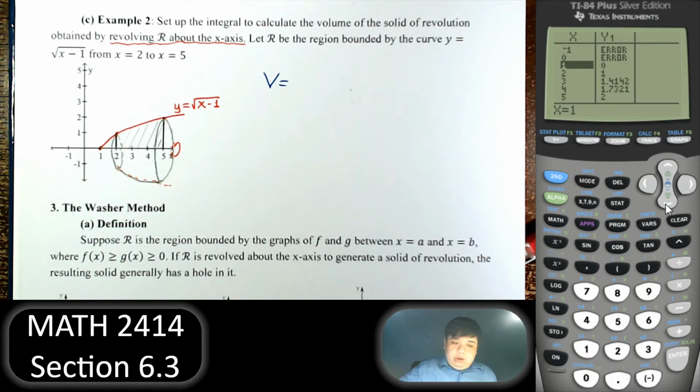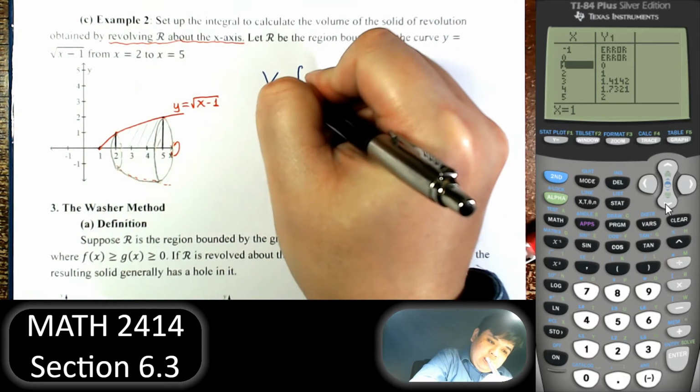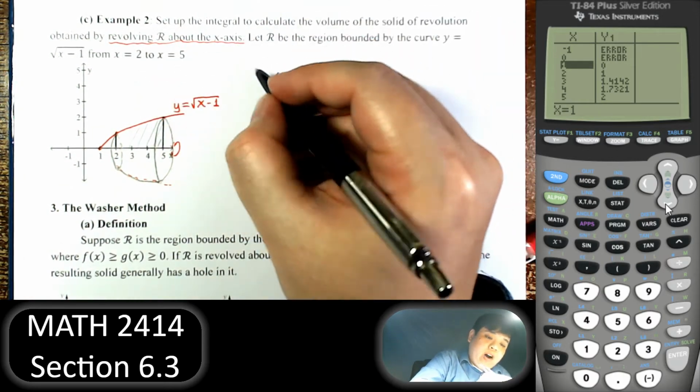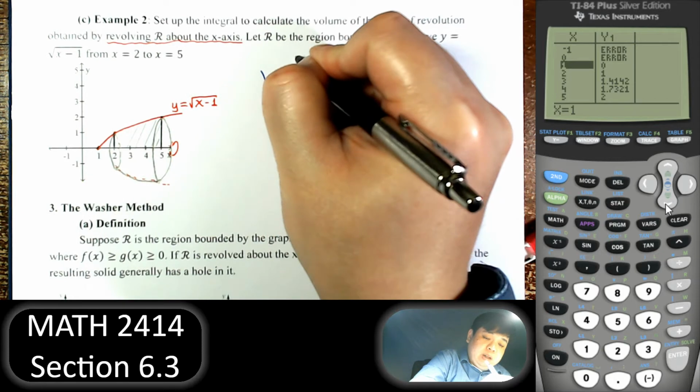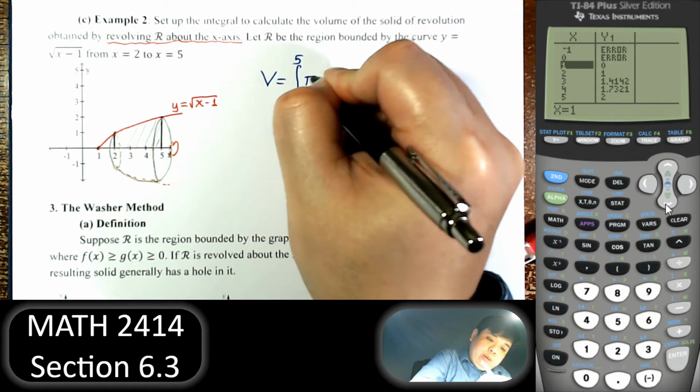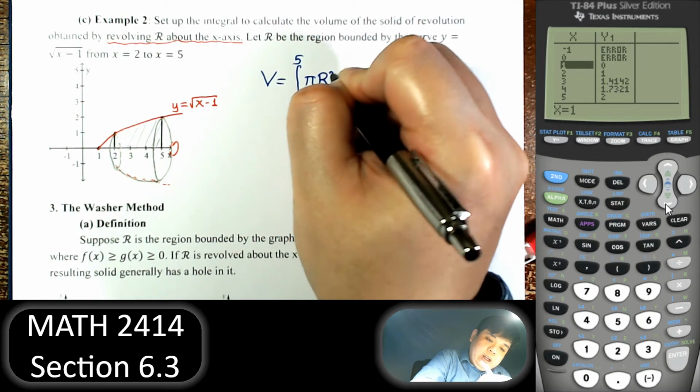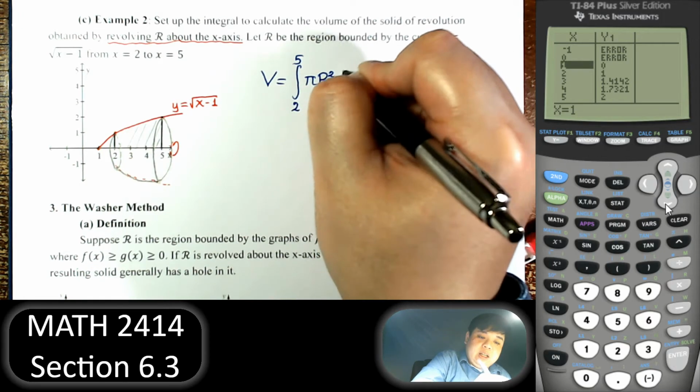Right. So the volume, we know for sure from 2 to 5. The limit usually easy to determine. And then we're going to have pi, the radius square, and then the width in this case is dx.